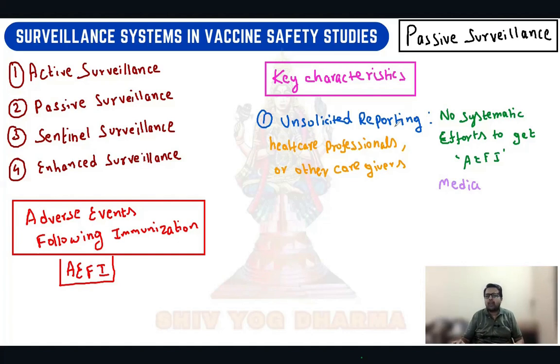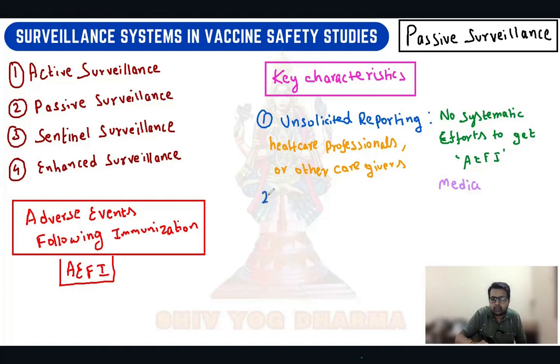So it is the main property of passive surveillance that the government or the health experts involved in the vaccine safety study are not putting any effort to get the AEFI. Rather, the common man addresses his problem to the healthcare professional or other caregivers, and they further communicate the AEFI to the concerned authorities or the media, and from the media the authorities can get the adverse events.